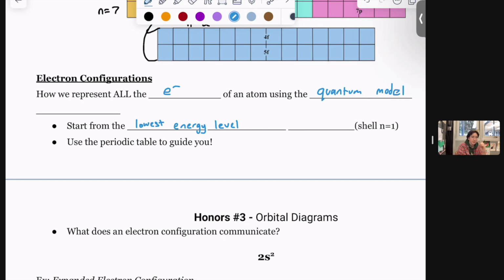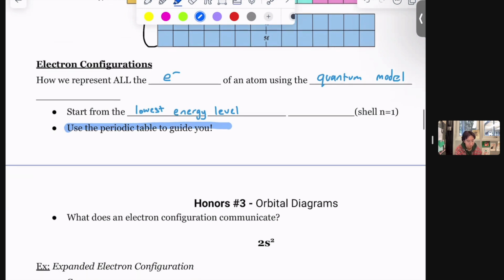Just like Bohr when we did the first ring, then the outer rings. Always start with your lowest energy level. And here's the big tip for you. Really let the periodic table guide you. It is set up in a way where, if you get used to this pattern and you get used to how to do this, you really just follow the periodic table and are able to create these based on that.